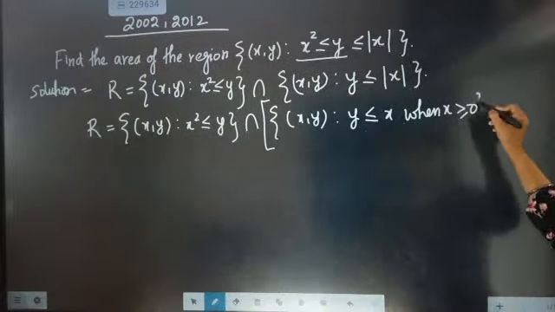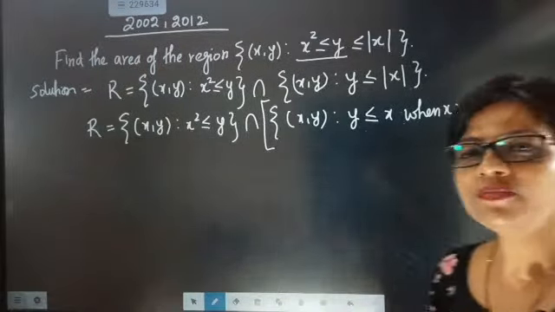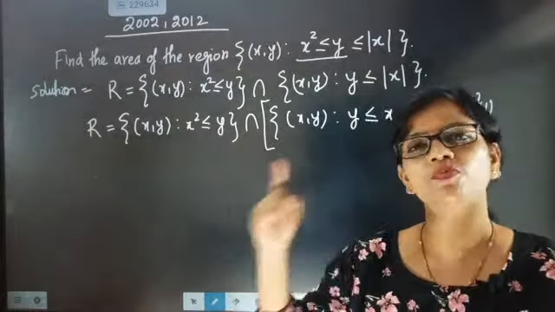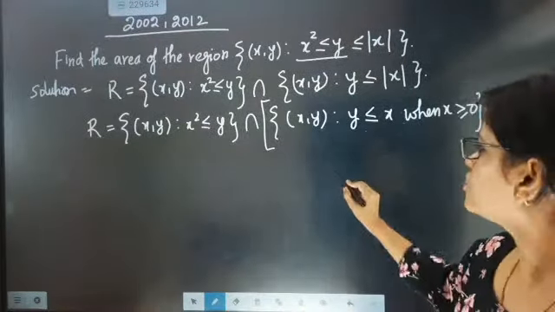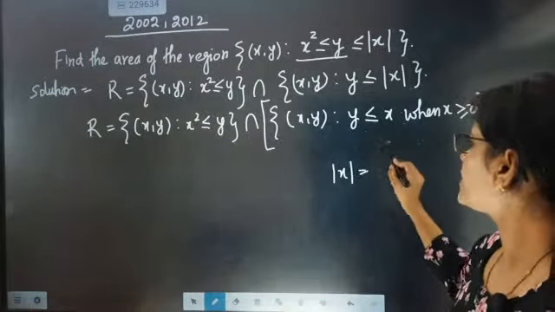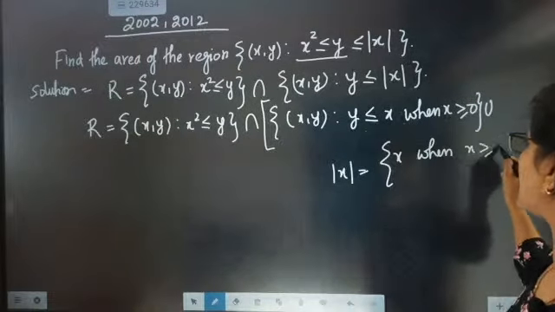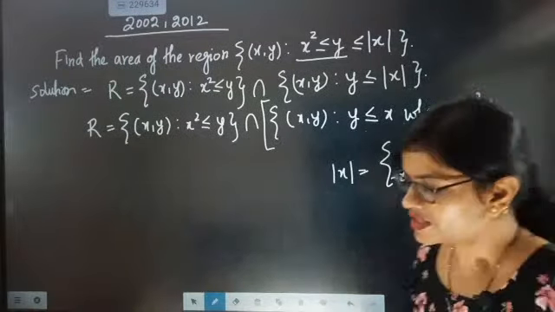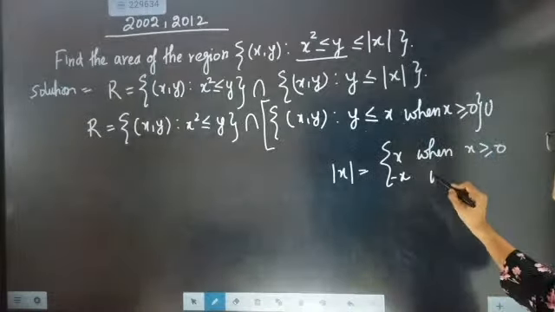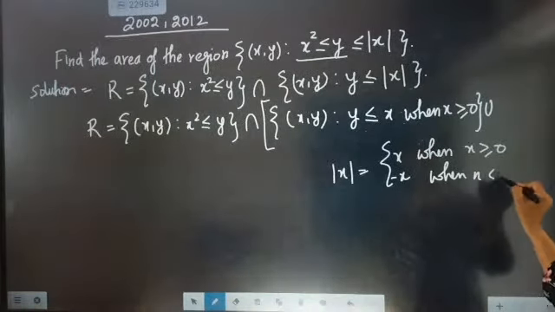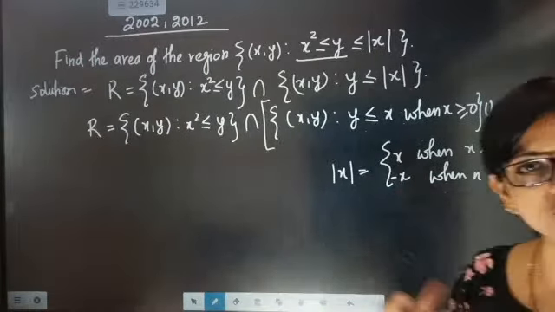So one region will be like this, union. Why am I taking this region? Because we know that modulus has two values. |x| will be x when x ≥ 0, and |x| will become −x when x < 0. This modulus function we know.